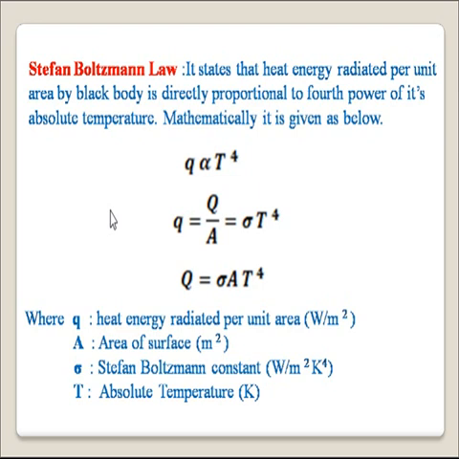It states that heat energy radiated by a body per unit area is directly proportional to the fourth power of its absolute temperature. Mathematically, it is given as below. Energy radiated Q is directly proportional to T raised to 4.